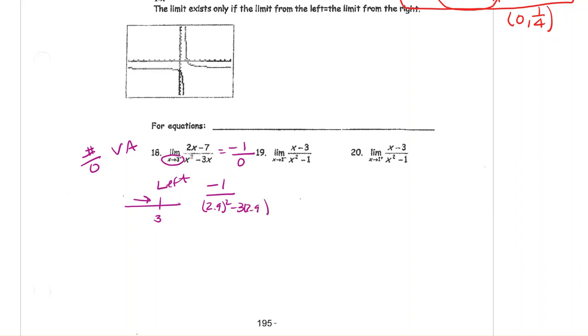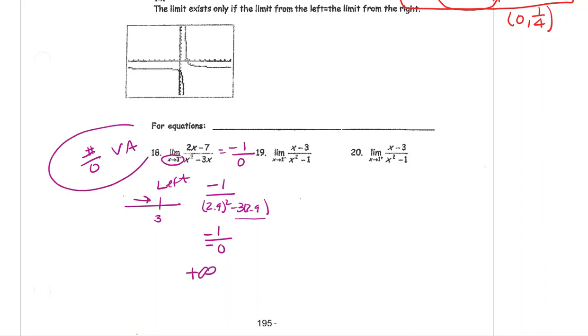Now again, I'm not going to compute this. I'm just trying to see if it's going to come out positive or negative. So this is 2.9 times 2.9, and this is 3 times 2.9. So this is bigger. So the bottom is going to come out close to 0, but negative. And so since both of those are negative, this comes out to positive infinity.